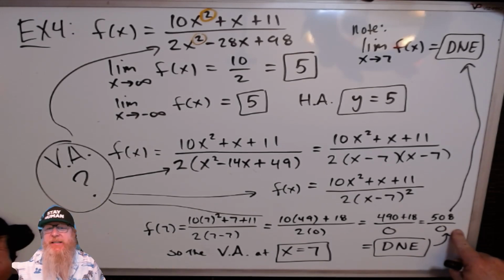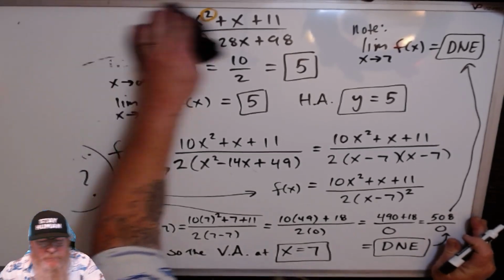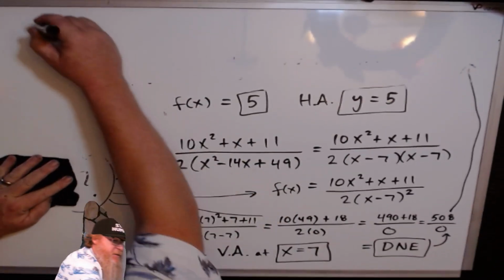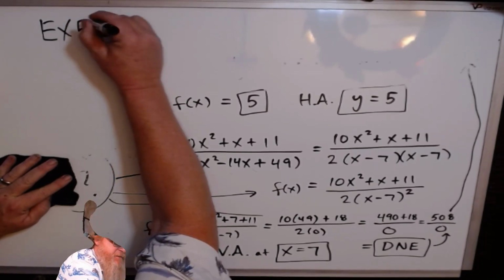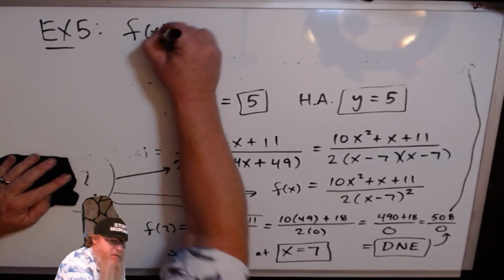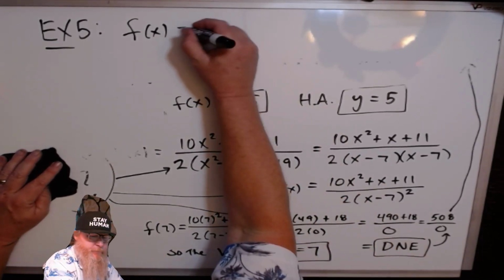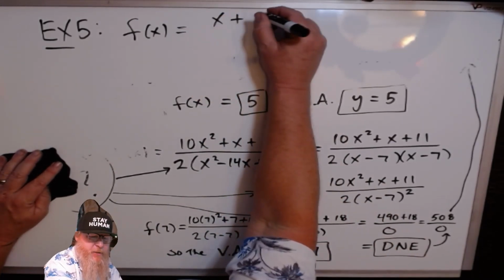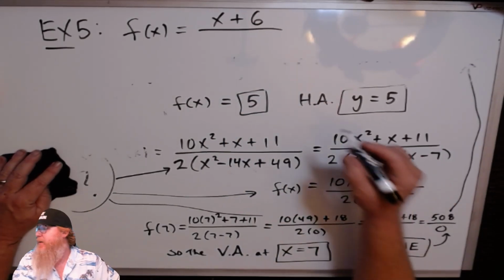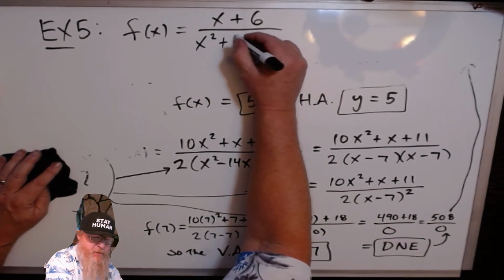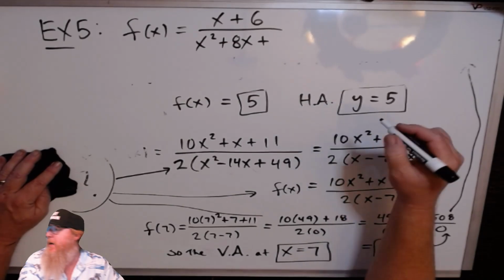I want to revisit the techniques for resolving those limits if you get 0 over 0, what that means. So example 5: x plus 6 over x squared plus 8x plus 12.